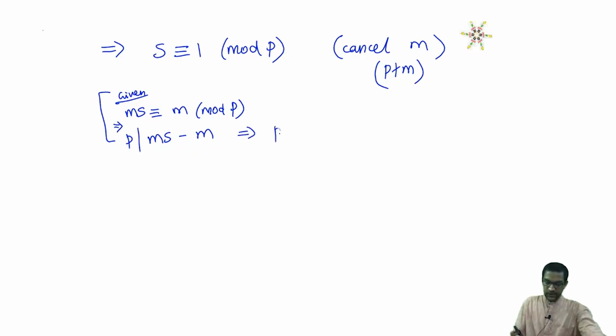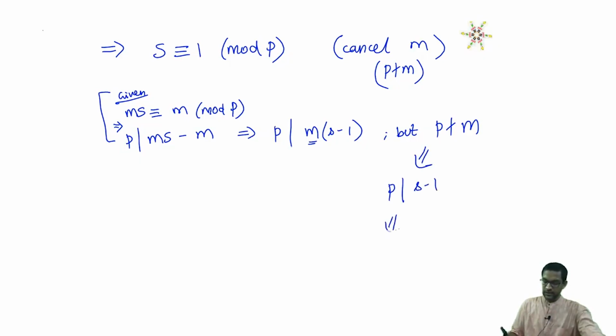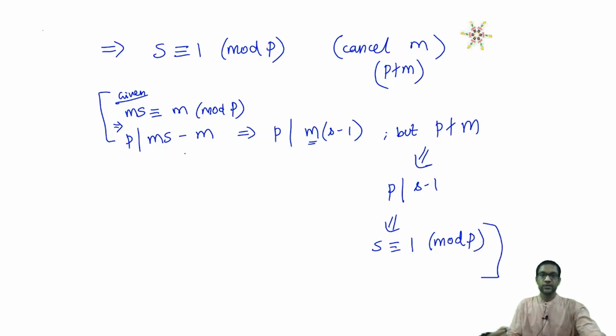But this means in particular that P divides m times (S minus 1), and when P divides a product but P doesn't divide one of the terms, right, this factor m has no powers of P in its prime factorization, then it means that P must divide the other term. That's the only way out. In other words, S must be congruent to 1 mod P. Okay, so this is just a little proof of why cancellation is valid.